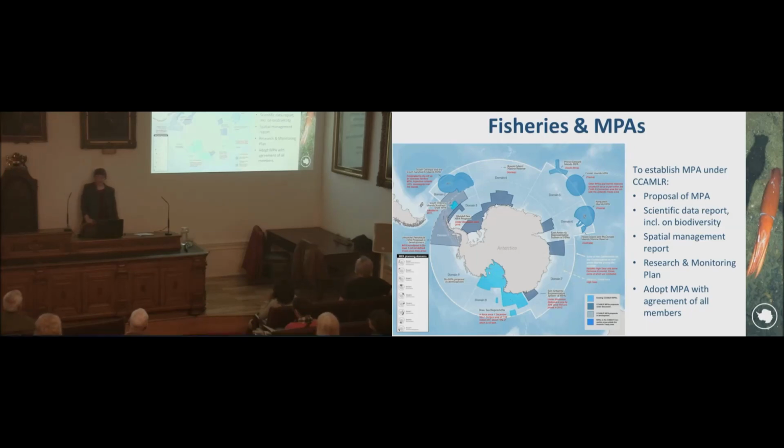And for the Antarctic, CAMLR is the way into policy to bring the regulations into the fisheries. We have a couple of MPAs. There are marine protected areas with very regulated fisheries around South Georgia and the South Sandwich Islands. But the reason for that is they have their own government and are outside of the CAMLR regulations.